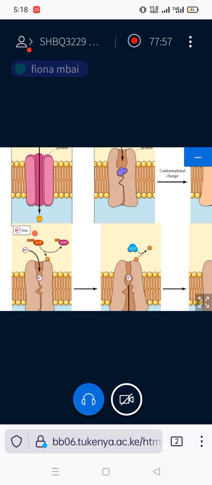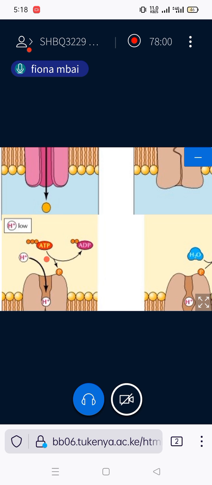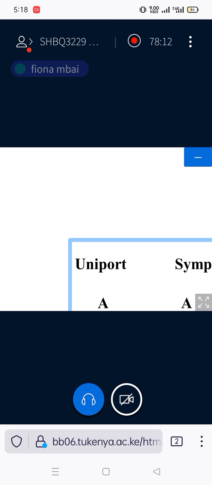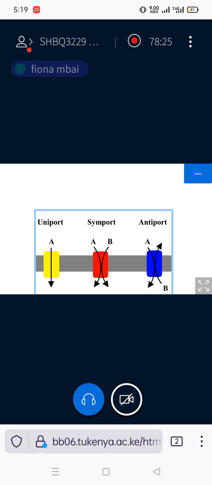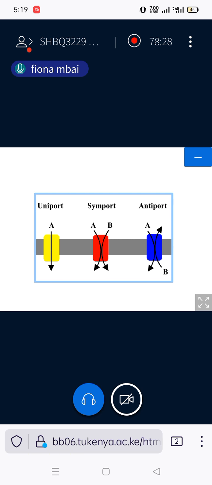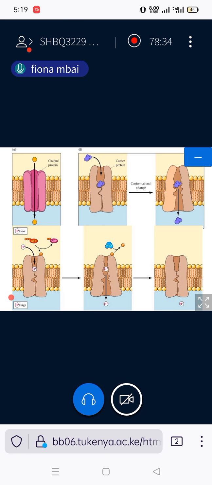This will require ATP, and ATP will cause the protons to move in because the inside has a high concentration of protons and low outside.